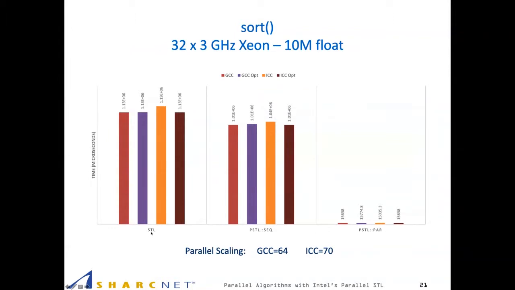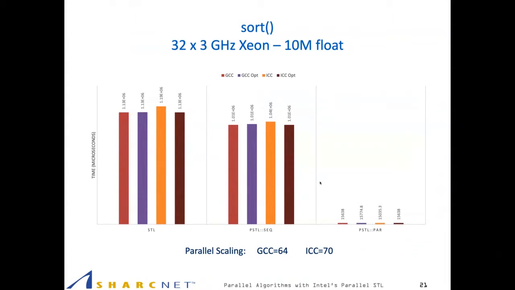Because the OnSec is not available for sort, you only see the sequence and par results for the sort algorithm. This is also the sort algorithm of STL without any TSTL one. So you can see the scaling is pretty high.